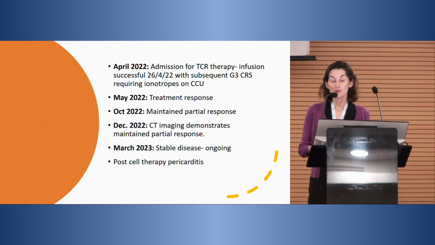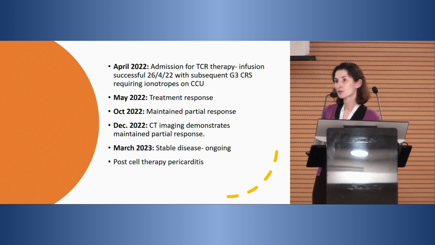This patient was treated in April 2022, had a quite significant reaction to the treatment and ended up in intensive care, but improved afterwards, and had a quite good partial response, meaning although the cancer didn't completely disappear, she had a good reduction in her cancer, and has an ongoing response, which is quite impressive.